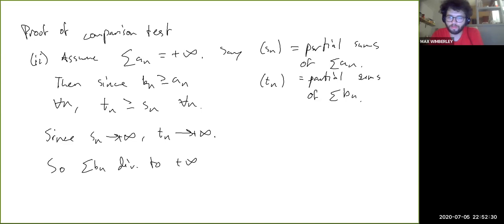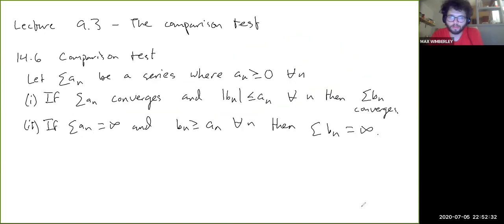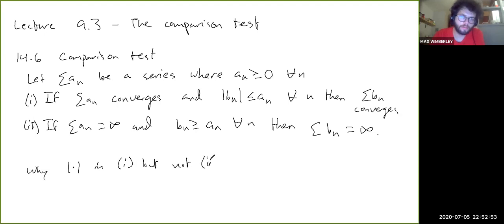One thing I want to explain, maybe in case it was a little bit confusing, is why were there absolute values in part 1 but not in part 2?